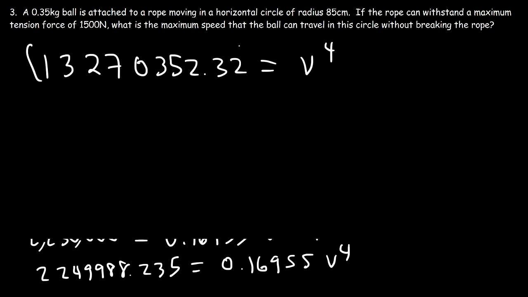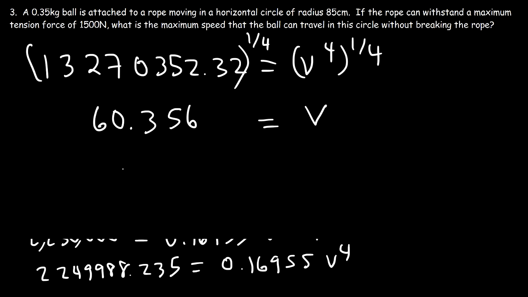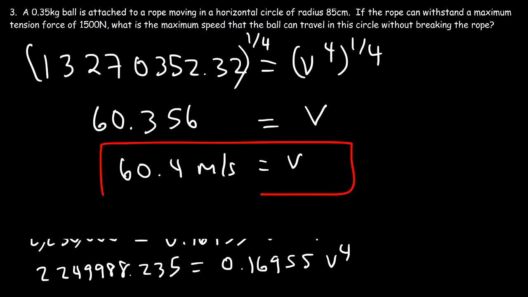So now I'm going to raise both sides to the 1/4 power to get v. So take the fourth root of both sides, and this will give you 60.356, which rounds to 60.4 meters per second. So as you can see, the answer doesn't change much.